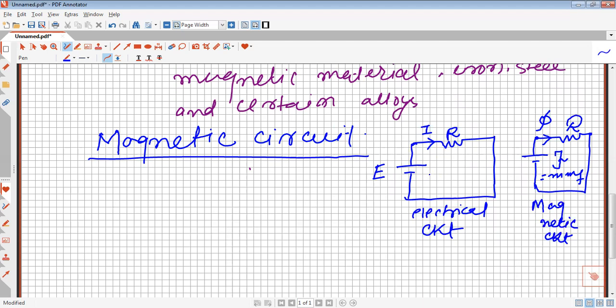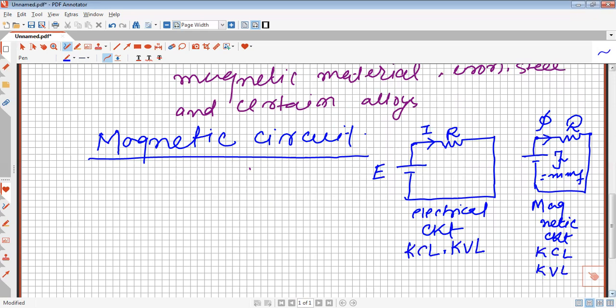And in the same way, Kirchhoff voltage law: the sum of all voltages in a closed loop is zero. In the same way we can also write here Kirchhoff voltage law: the sum of the MMF in all parts in a closed path is zero. So there is a similarity which I have drawn here.